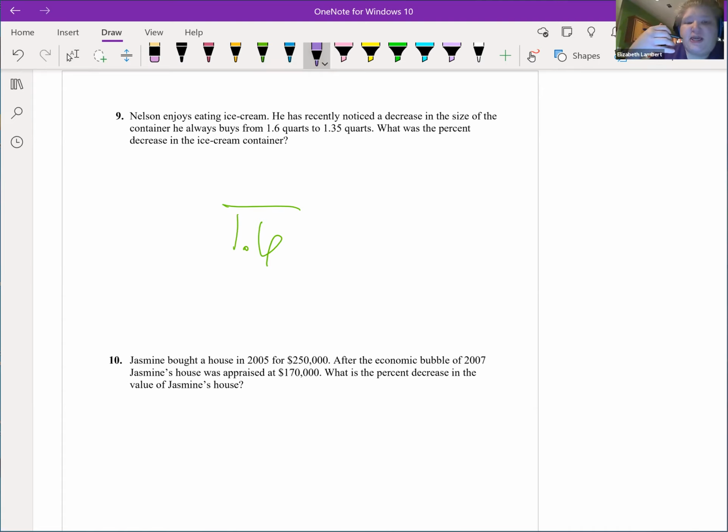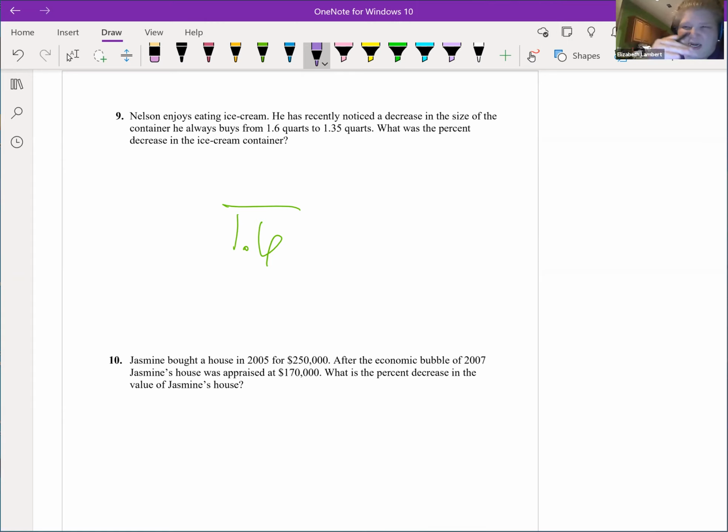And now the change, I can either do it as 1.6 minus 1.35, and remember it's a decrease, or the final amount, 1.35 minus 1.6, would give this to us as well. Either way will work as long as you remember it's a decrease. If it was 10, we could say it's a 10% decrease, or it's a negative 10% increase.